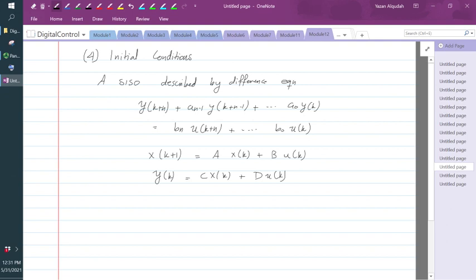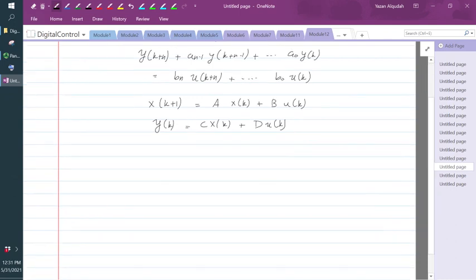Now we're going to consider the initial conditions, the y0, and see how the output is related to the initial state vector.